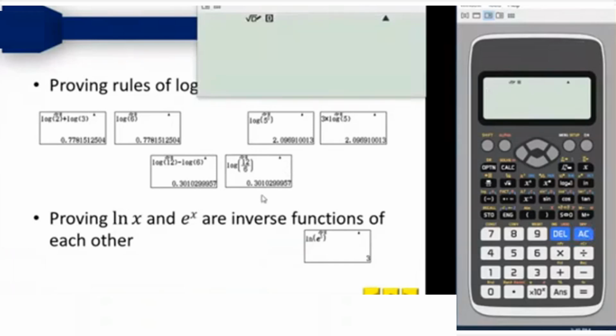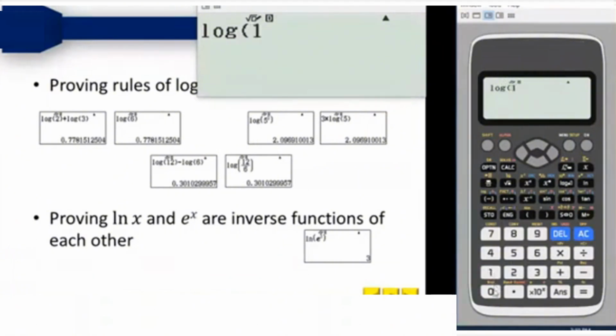Another feature of log is that log with the same base and power will always be 1. So log with base 10, power of 10 is 1. If you recall, I told you that when I press shift and this button, this log is basically log with a base of 10.